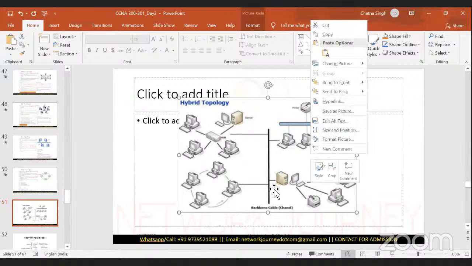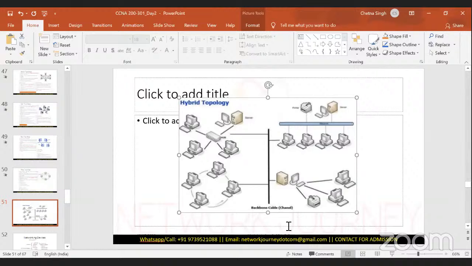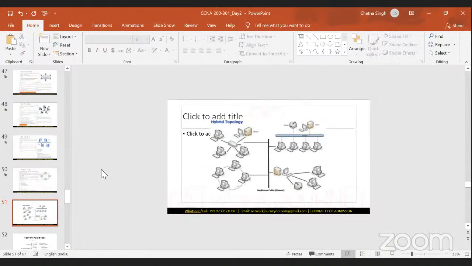In real-time scenarios, I always see that a hybrid topology is followed, so that we can take the advantages from each of those topologies and create the best one. So this was related to the topologies: the bus, ring, star, and we discussed mesh.